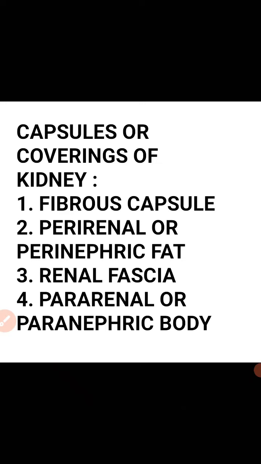The anterior layer of renal fascia is called the fascia of Gerota, and the posterior layer is called the fascia of Zuckerkandl. These two layers are fused laterally to form the lateral conal fascia.